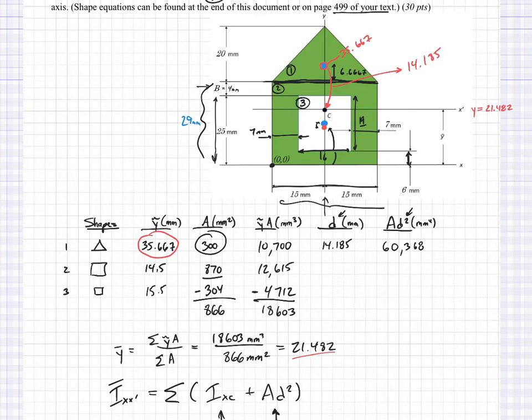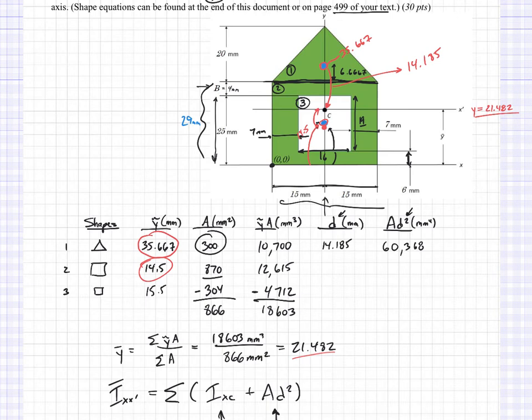Okay? So we're going to proceed to do that for all of these shapes, right? So for the big rectangle, 14.5. So I guess that's right here. So this is up at 14.5. And we want to know the distance from 14.5 to this thing, which is at 21.482. So we're just going to subtract them. Okay, so 14.5 minus 21.482.